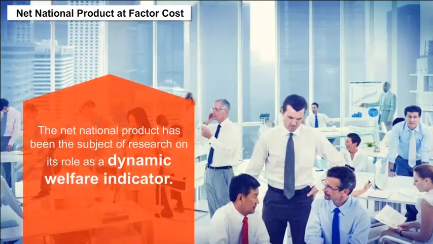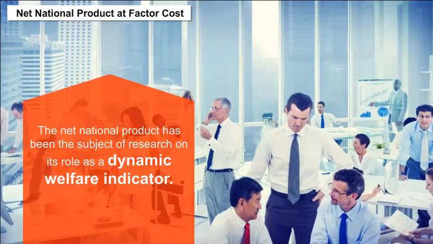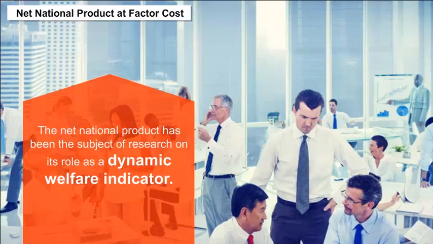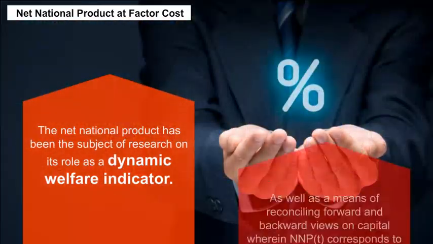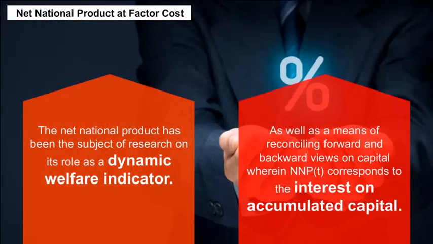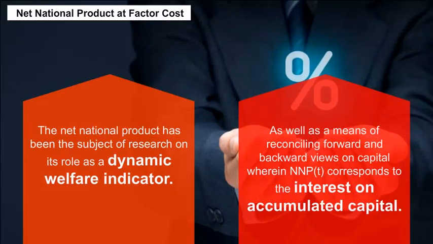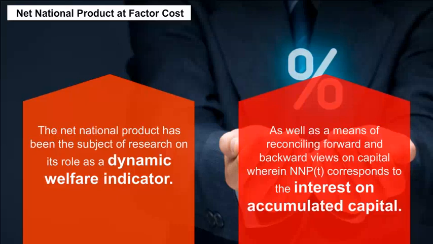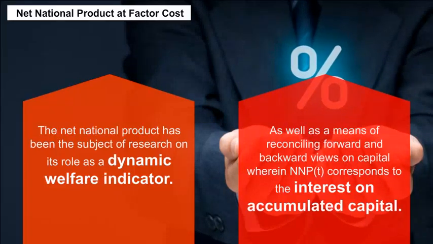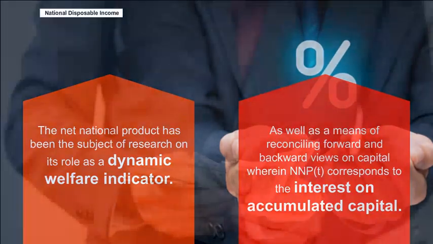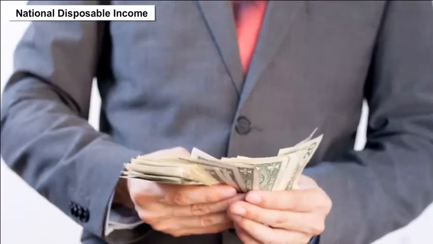Nonetheless, the net national product has been the subject of research on its role as a dynamic welfare indicator as well as a means of reconciling forward and backward views on capital, wherein NNP corresponds to the interest on accumulated capital.